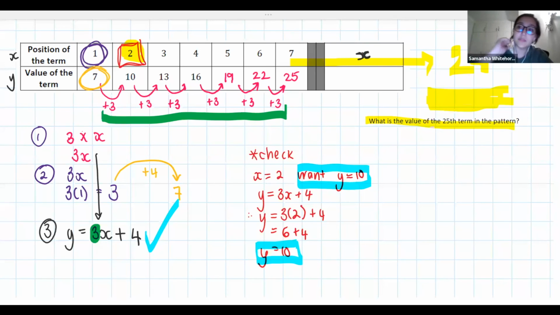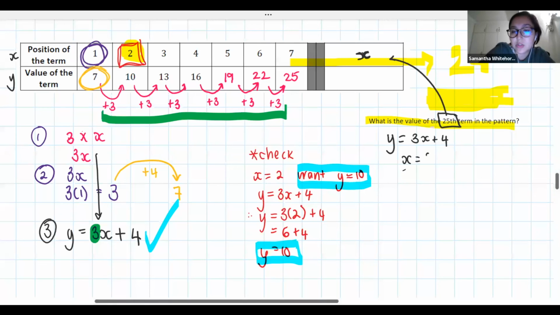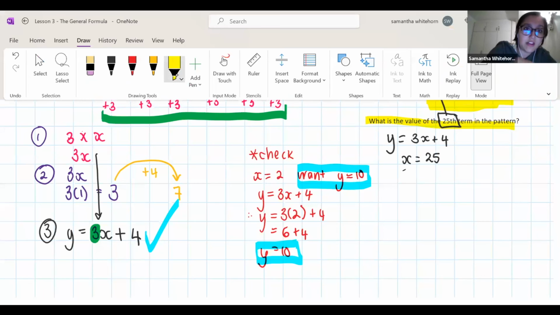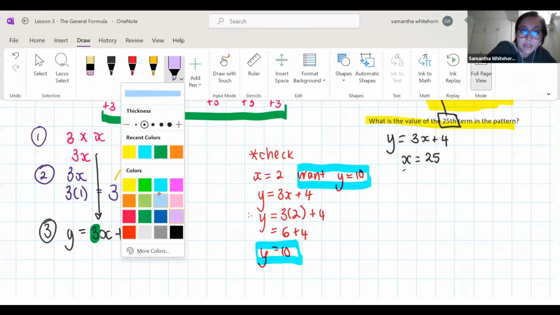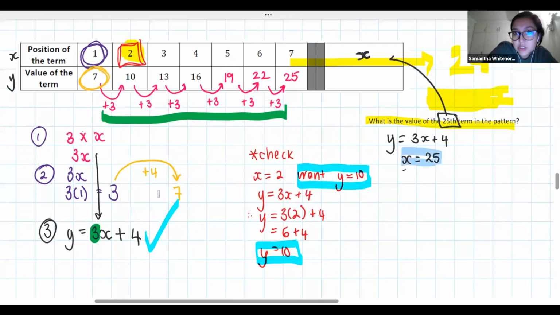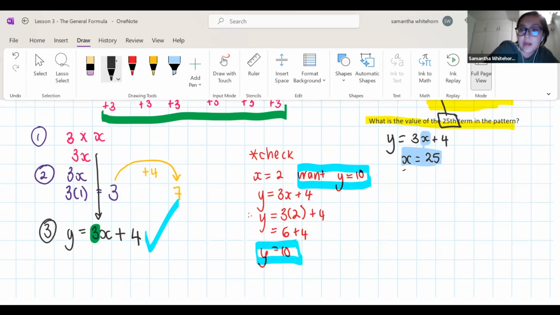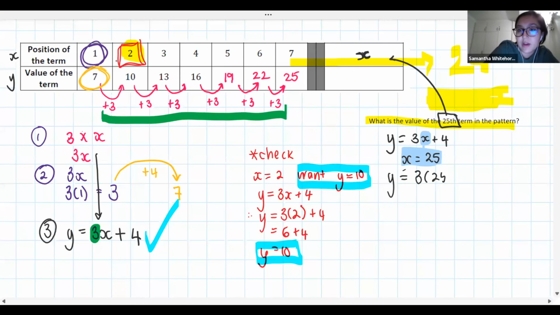Okay, so if we take our rule, now remember I'm saying the 25th term, so I'm giving us an input. So I'm telling us that x is equal to 25. That means that I need to take this x value that I have been given and substitute it in place of the x in my equation. So that's exactly what I do. Y is equal to 3 times 25 plus 4. 3 times 25 is 75.